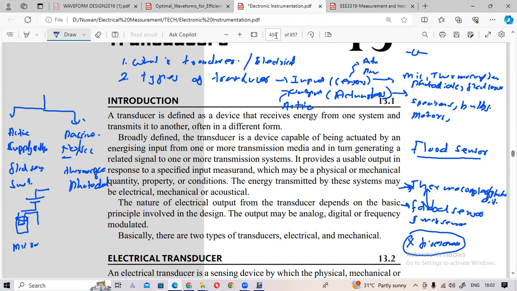Some fire sensors are active, and some fire sensors are passive. If you need more details, you can go and search the web. You should have this basic idea.